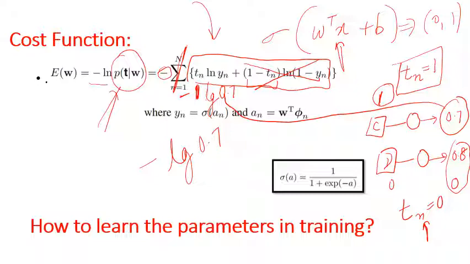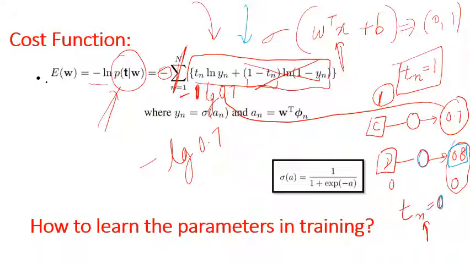Now let's say I have only one sample, which is a dog. If I want to see what the error is in the case of a dog, if I feed my dog to the logistic regression, I get 0.8, right? But the true label for this dog is 0. So if I feed this to my error function, my true label is 0.